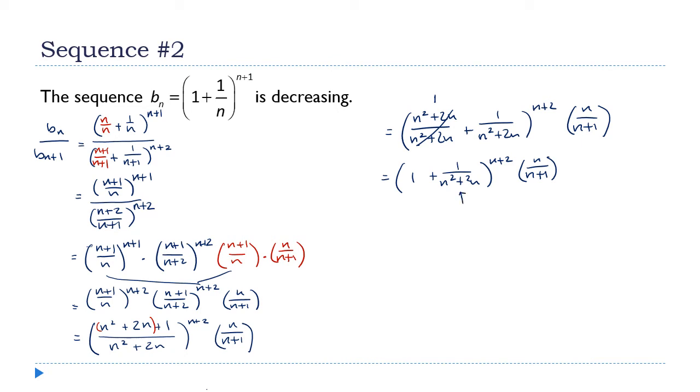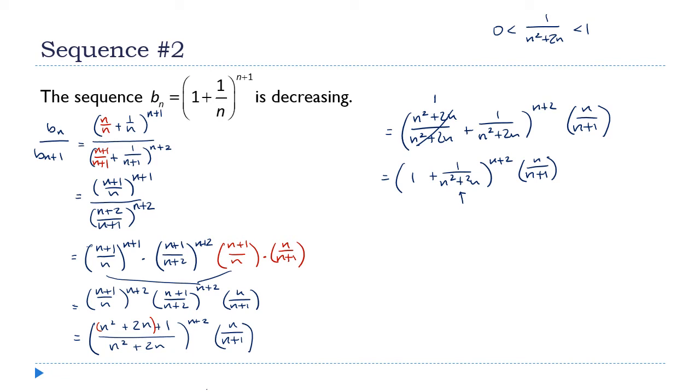And you'll notice we also have to make sure those requirements are met. 1 over (n squared plus 2n) is always going to be less than 1, and it's always going to be greater than 0. So it is an acceptable a value to apply Bernoulli's theorem.